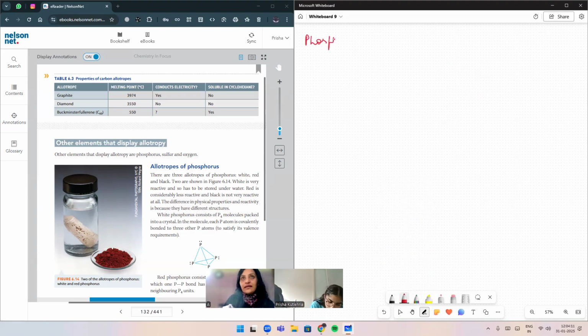Phosphorus is an element which shows allotropism, and there are three allotropes of phosphorus. One is white, then you have red, and then you have black.